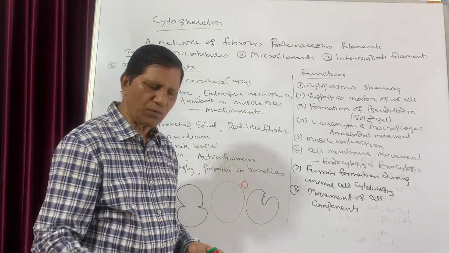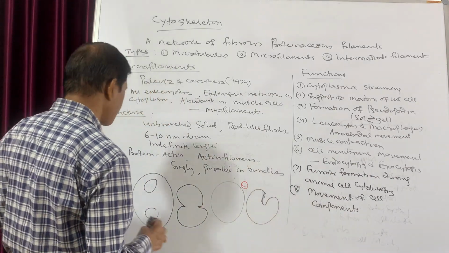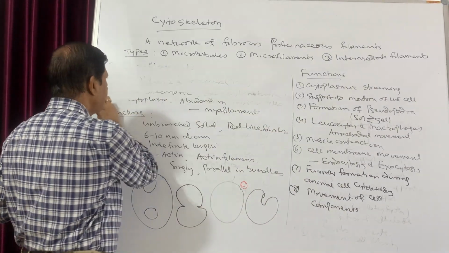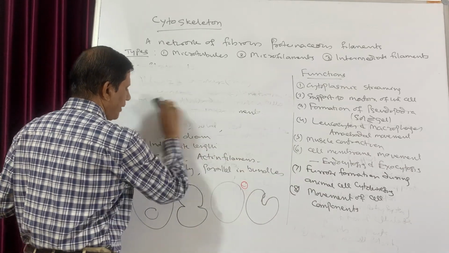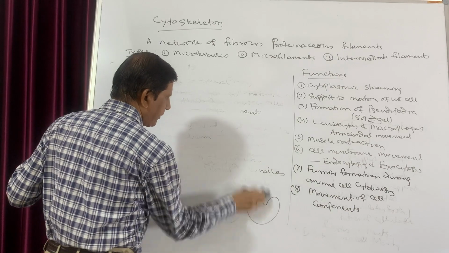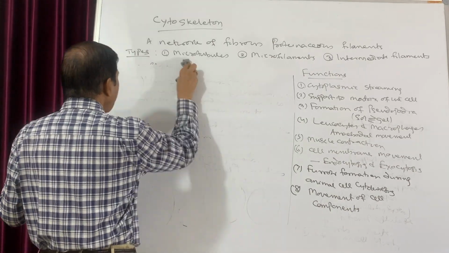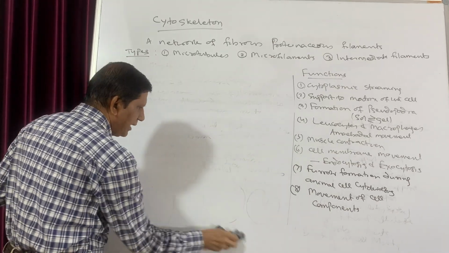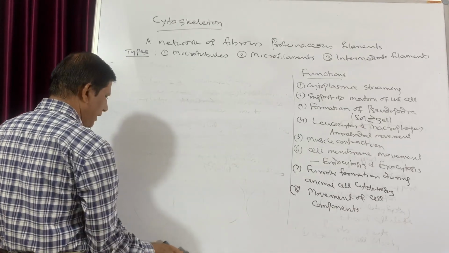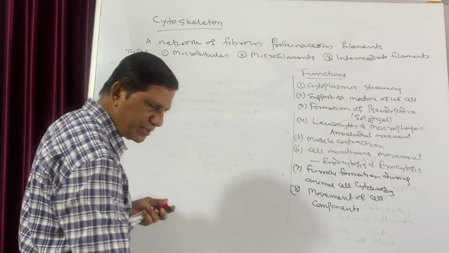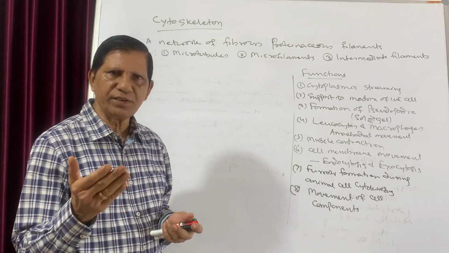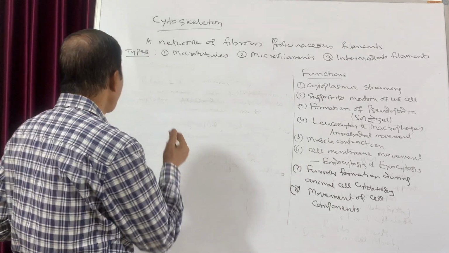Let us discuss the third one, that is intermediate filaments. Their size is almost intermediate between microtubules and microfilaments. And instead of a single protein, they consist of different types of proteins.